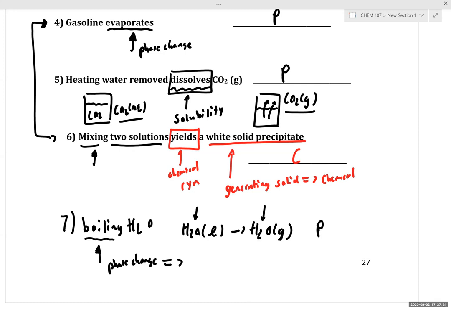Perfect. In general, if you're not dealing with a phase change or solubility, the change is likely going to be a chemical change. Most of the changes that we'll see in the laboratory and in day-to-day life where we're dealing with chemistry are often going to be chemical changes.